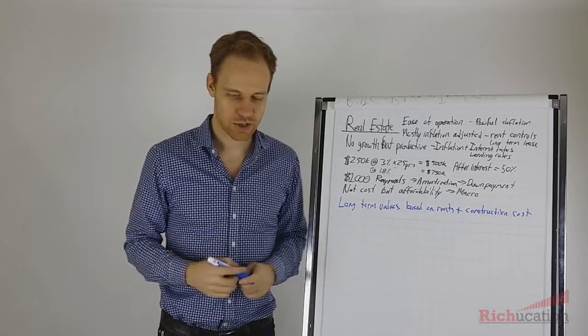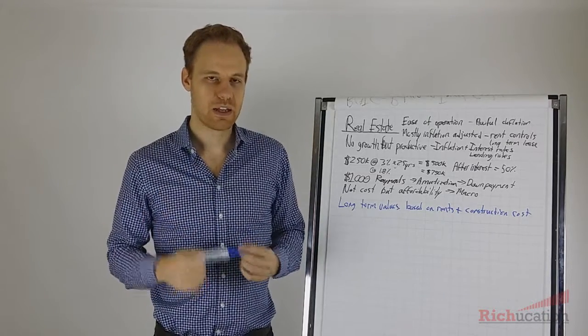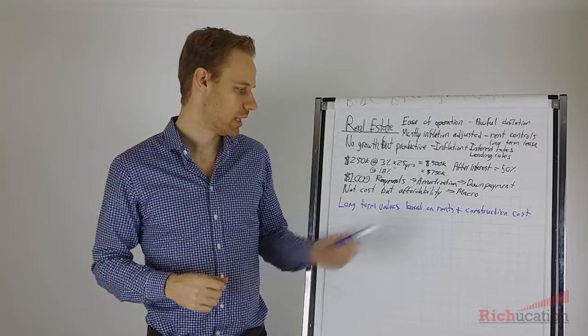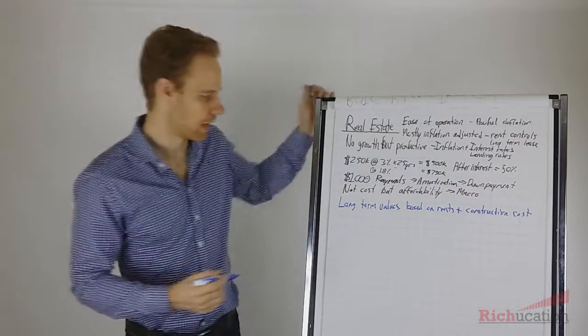Then we've got construction cost. Okay, how does construction cost work? Well, if the construction costs are substantially lower than the current price, then we will tend to build. Okay?